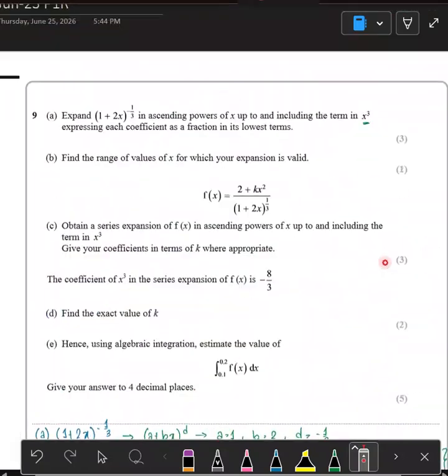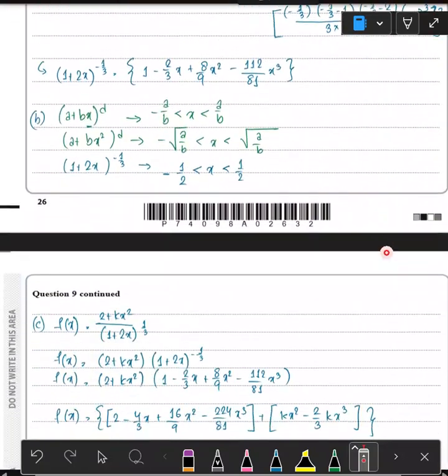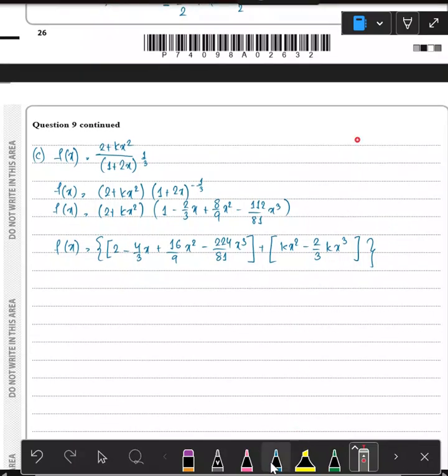Now, as I expand this, I'm sorry for that. Now let me bring the coefficients together. So this would be just 2 minus 4 by 3x plus 16 by 9x squared.